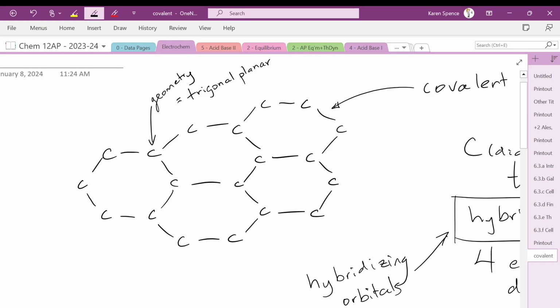And how many electron domains are there? 3. And what's the bond angle? That one's easy. 120. You take a circle, divide it in 3. But what's wrong with carbon at this point? It's unhappy. Why is it unhappy?